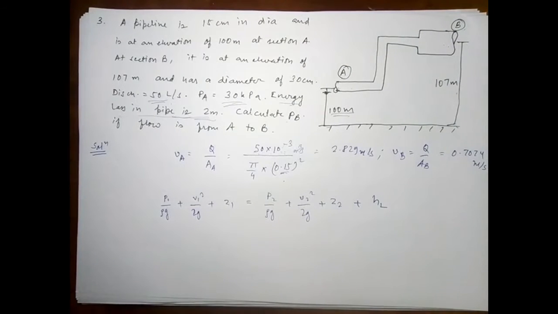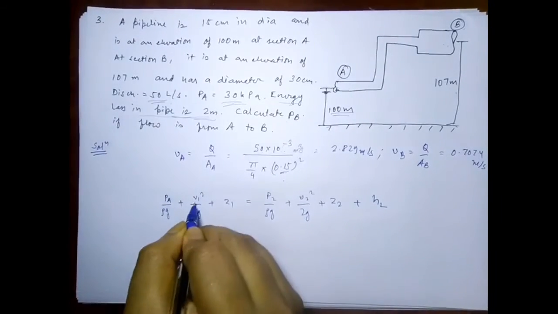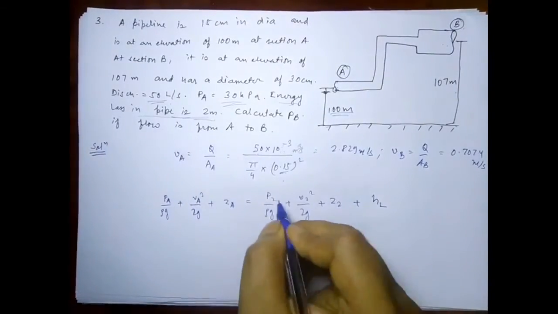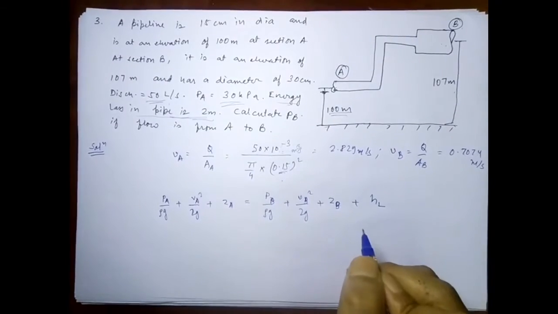Now let's substitute the values. This is basically PA, VA, ZA, and this is PB, VB and ZB.